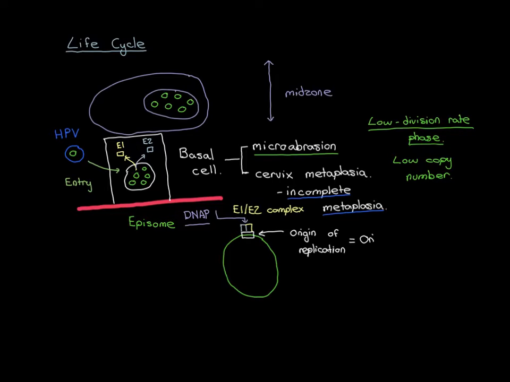Now that's useless for the human papillomavirus, because that would mean that the maximum number of virus particles it could produce are the ones corresponding to the genomes that it's already got from the division of the basal cell that produced this cell. So you wouldn't be able to produce any more because you have to have this cell dividing, you have to have the activation of the DNA polymerase machinery for the viral genome to be able to be copied.